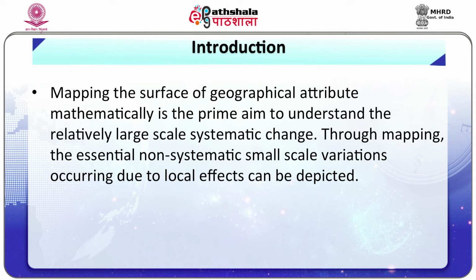Mapping the surface of a geographical attribute mathematically is the prime aim to understand the relatively large scale systematic change. Through mapping, the essential non-systematic small scale variations occurring due to local effects can be depicted.